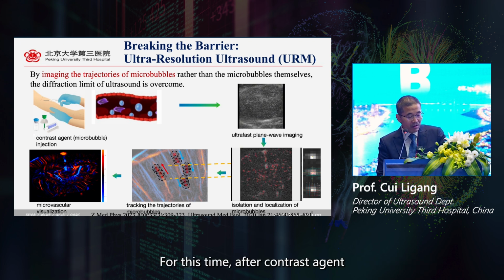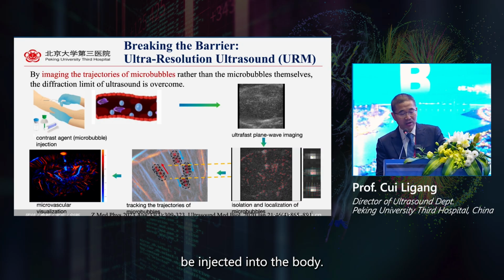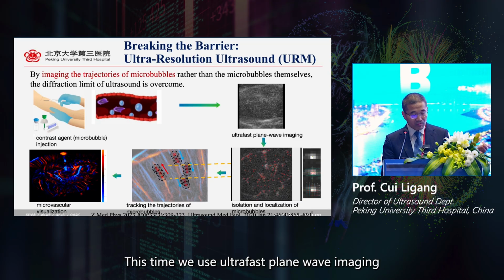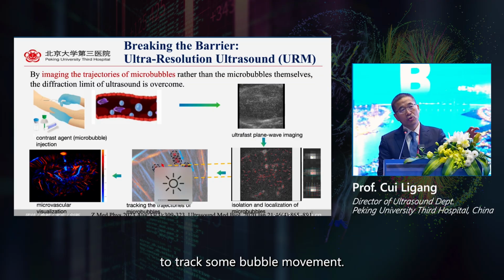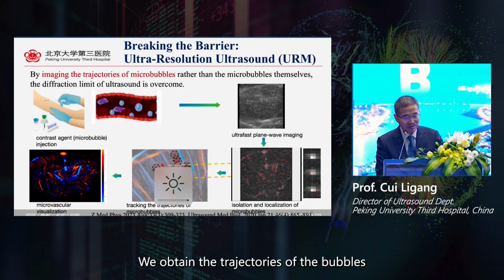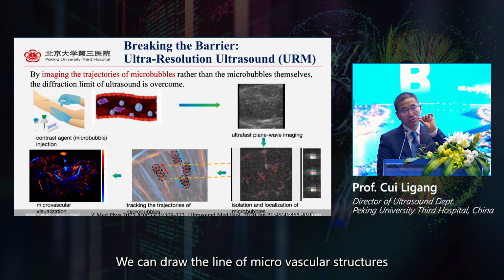This time, after contrast agent is injected into the body, we are not focusing on the bubbles themselves. This time, we use ultra-fast plane wave imaging to track the bubble movement. We're imaging the trajectories of the bubbles, and after tracking the trajectories of the bubbles, we can draw the line of microvascular structures.